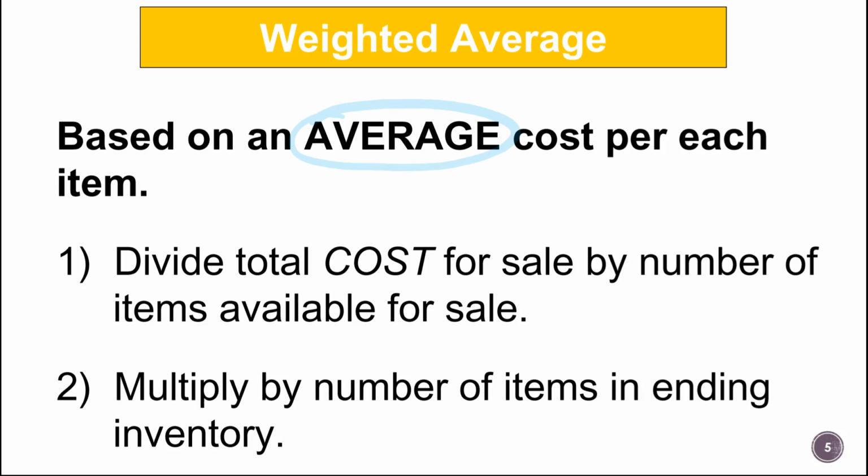So you take the total cost for sale and you divide that by the number of items available. Then you take that amount and multiply it by the number of items in ending inventory. Now, sometimes students mess up on this because they don't round their average to dollars and cents, and they leave it on the calculator not rounded, and then they're off just a little bit.